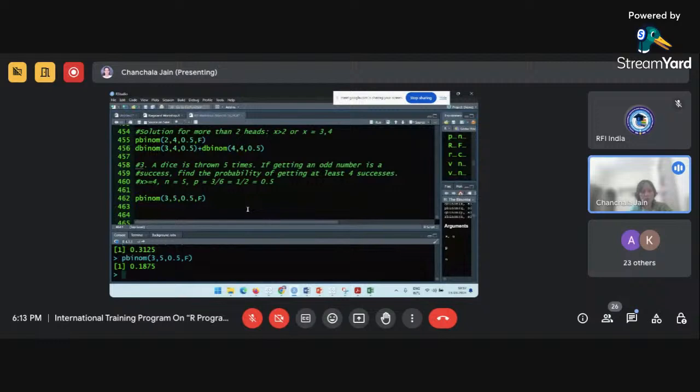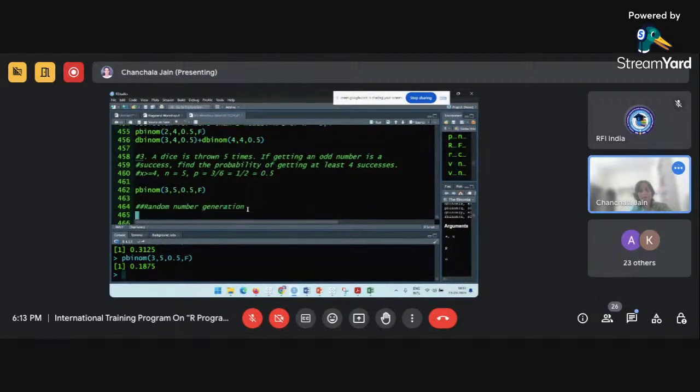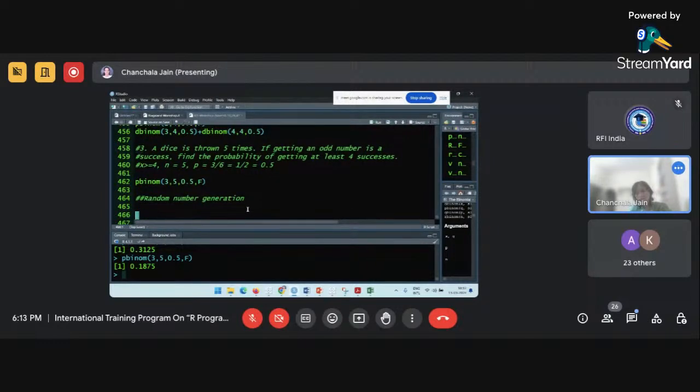I'll talk about the random number generation, right? Suppose we want to generate 10 numbers which are following the binomial distribution with the probability, suppose 0.5. So I'm writing a problem here.